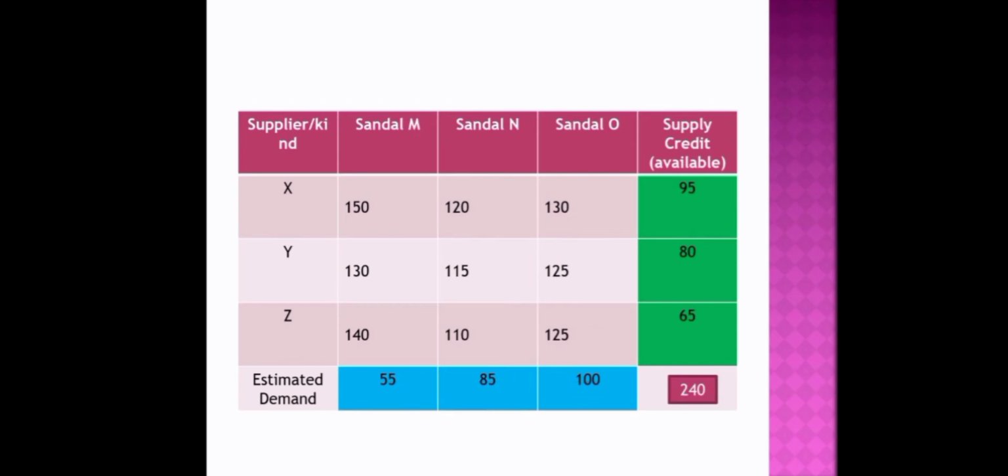Since the supply credit and estimated demand are equal, we can conclude that the problem is a balanced problem. So we can now proceed in using the northwest corner rule.